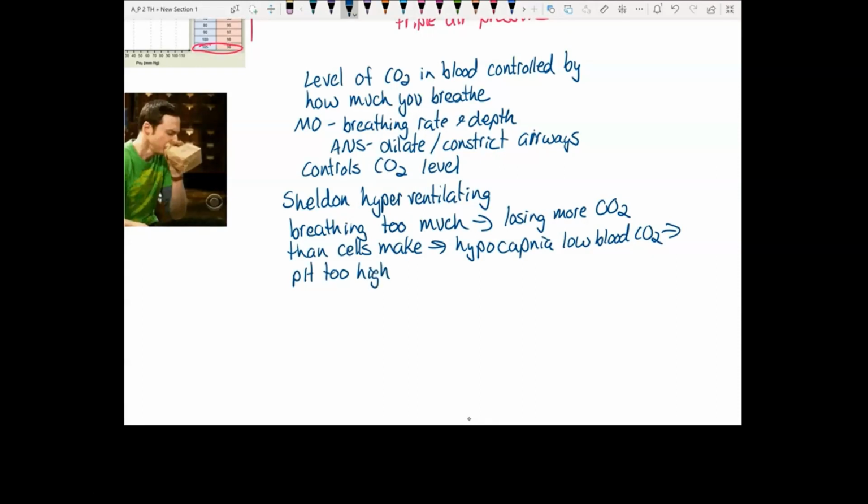So the paper bag helps with this. The paper bag will trap that CO2 that you are losing. And then it will allow you to inhale it back in.